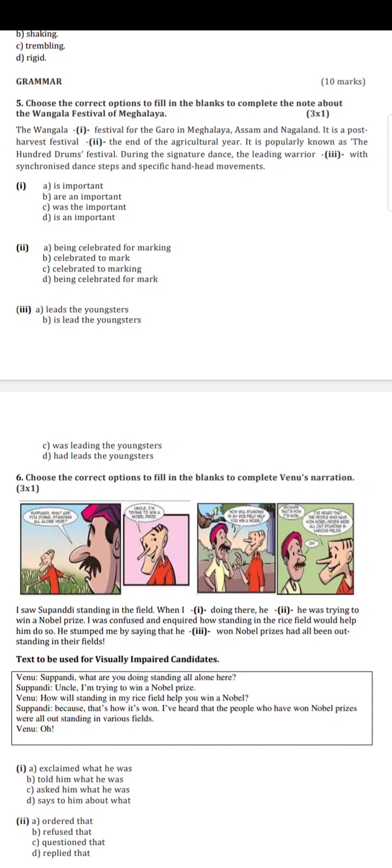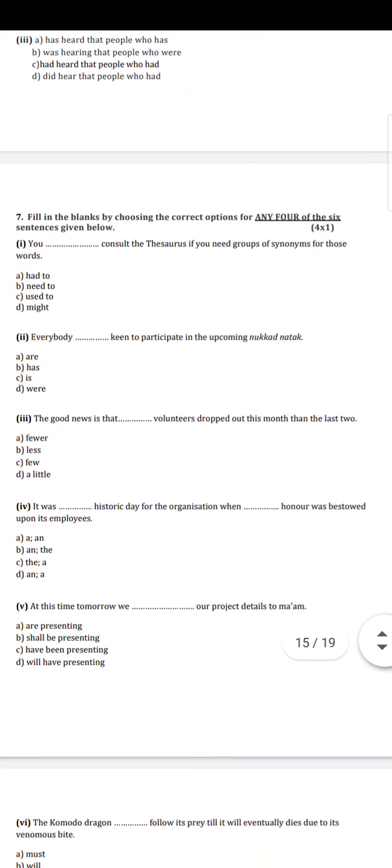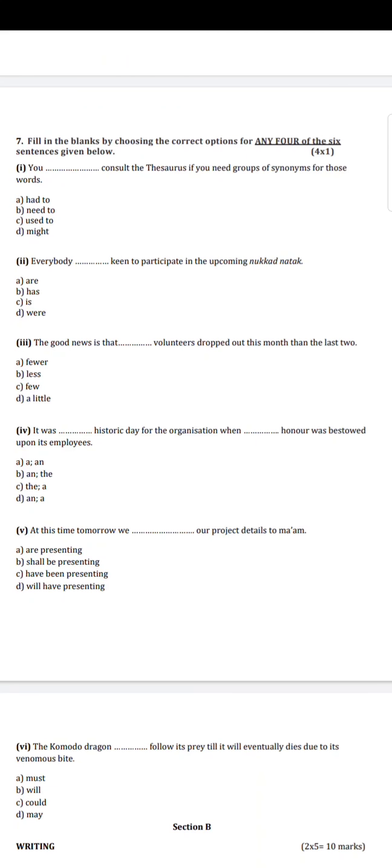So here dialogues are given and you will be completing the paragraph given under the picture. Choose the correct option.